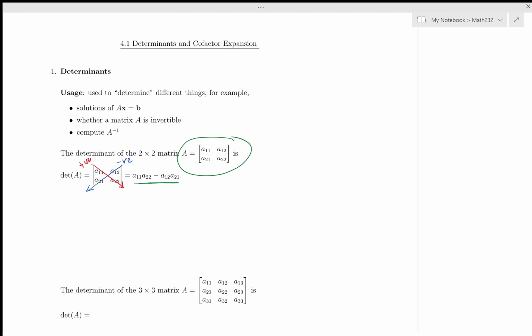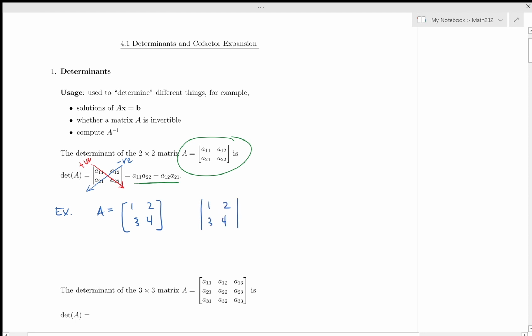Let's do an example with a 2 by 2 matrix with some numbers in it. This is an important concept. You'll definitely want to know how to calculate determinants. There's my favorite matrix, and we will calculate its determinant, which we denote in this manner.